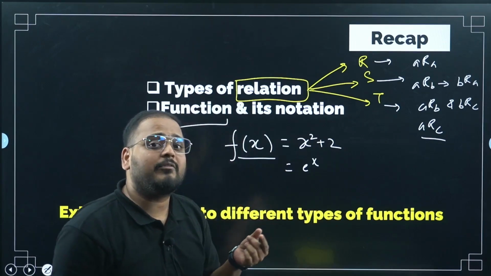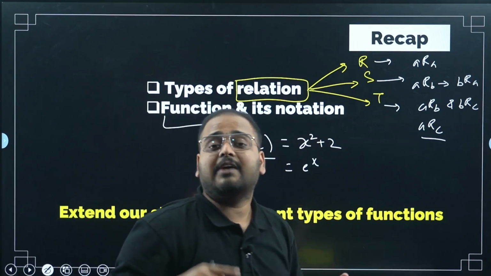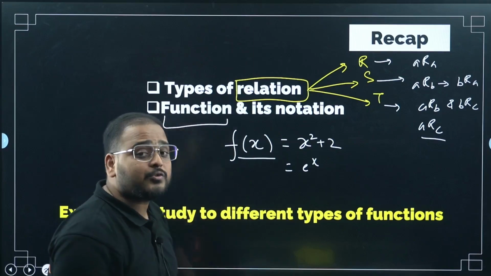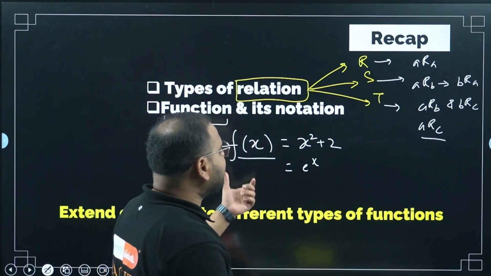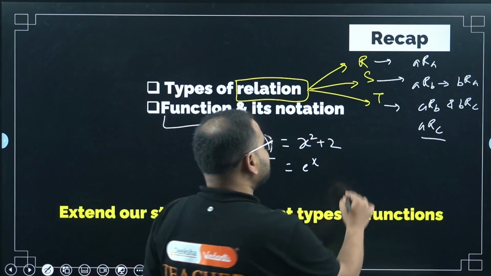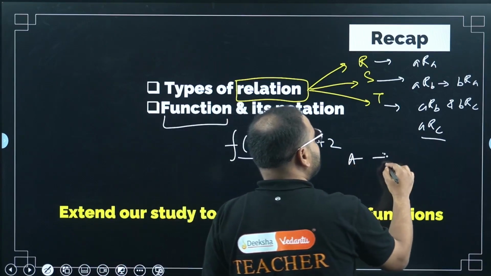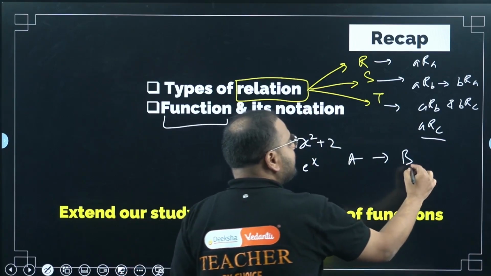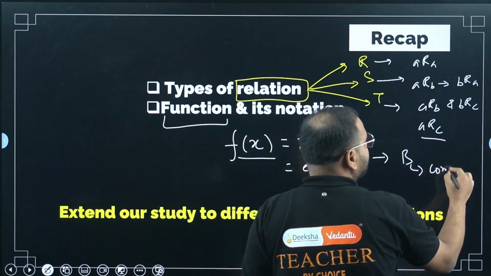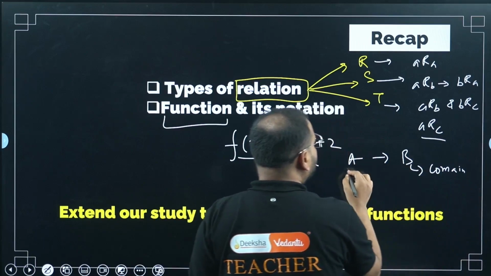For any function we will have its domain, we will have its range. Sir, we will also have codomain. What is codomain? If I am writing a function for two non-empty sets A to B, then B will be called codomain.